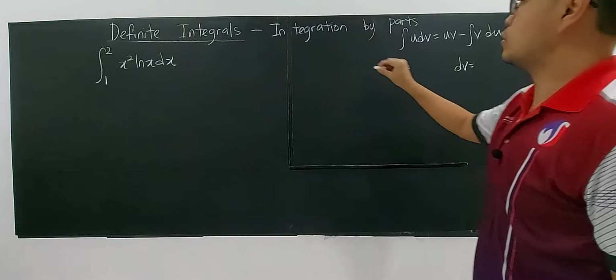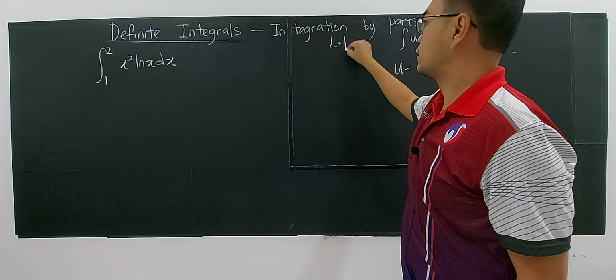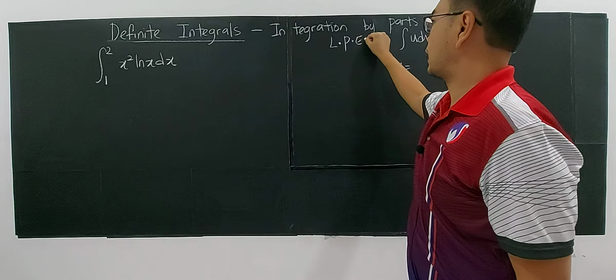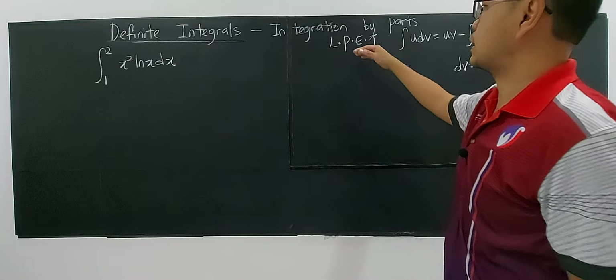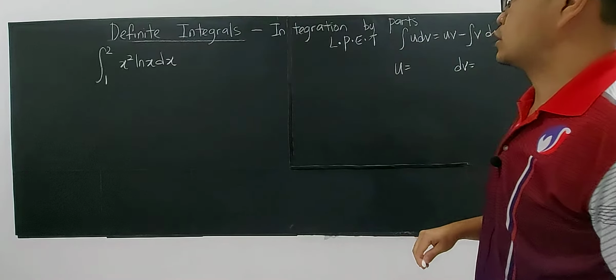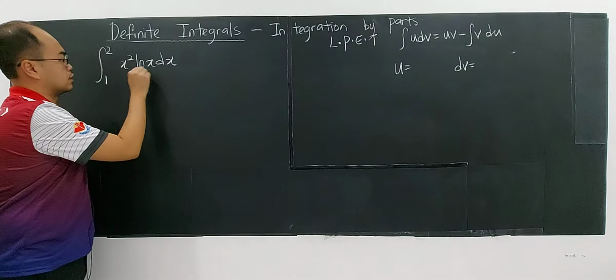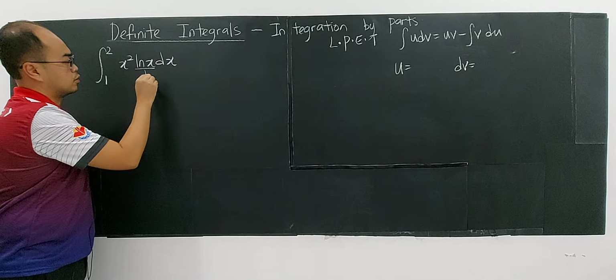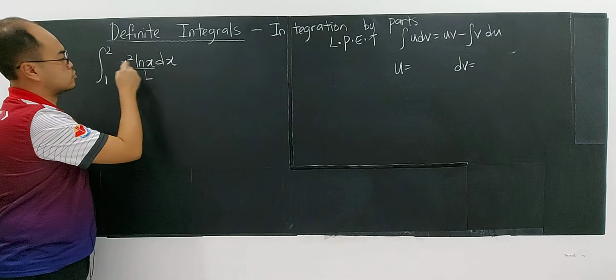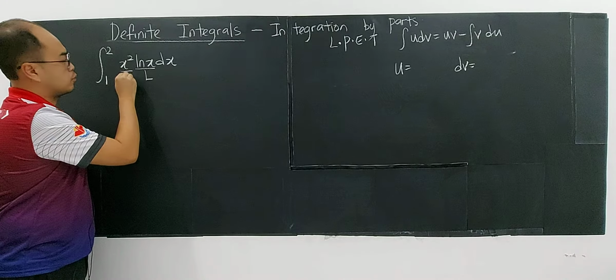The u you choose is based on this technique, this idea. For these cases, you have ln x as a logarithm function and x squared as a polynomial function.